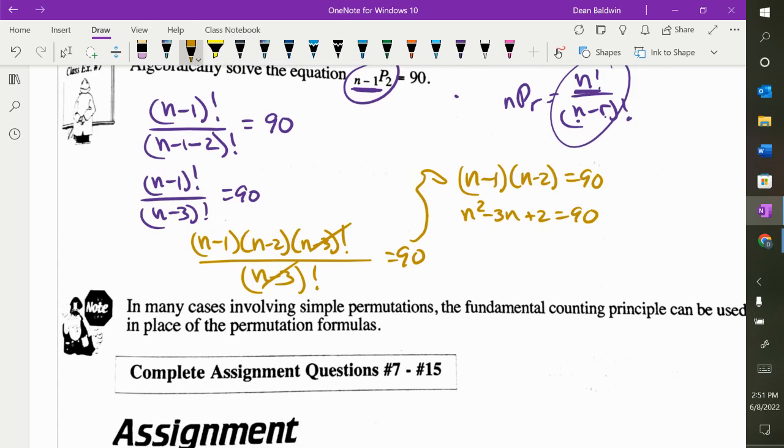Move the 90 over. So I get that. What multiplies to 88 and adds to 3? 11 and 8. Which one's negative? The 11.